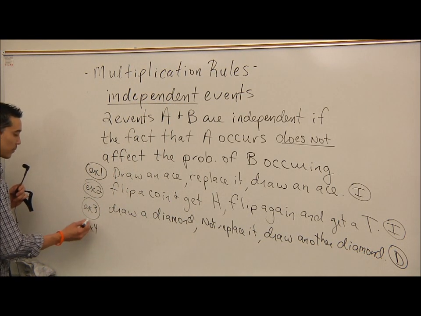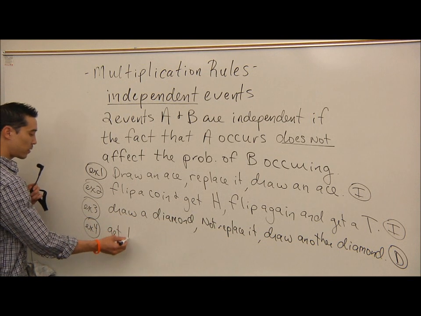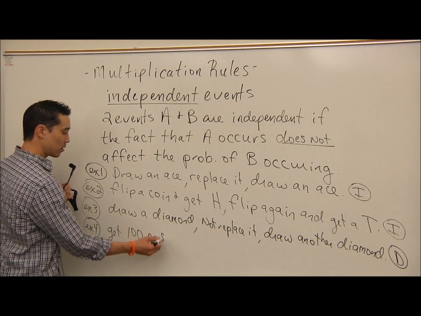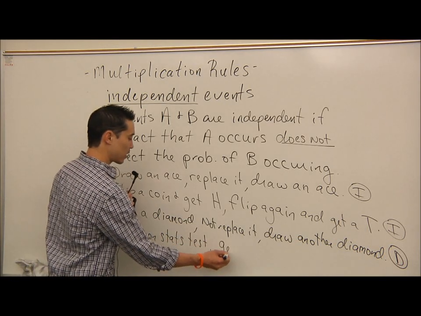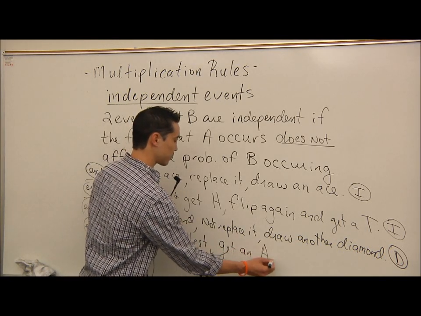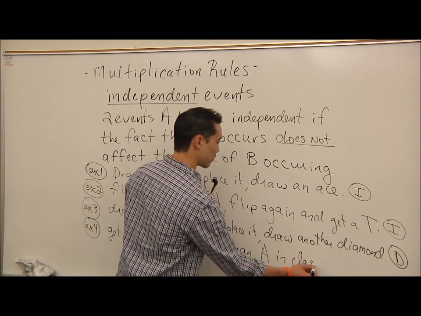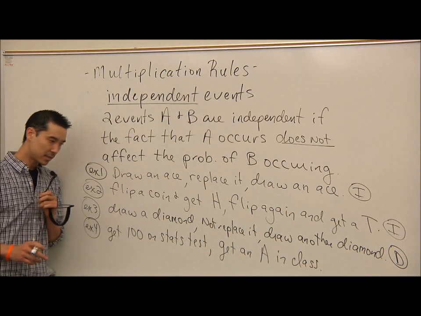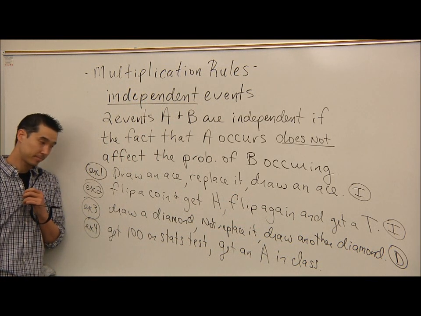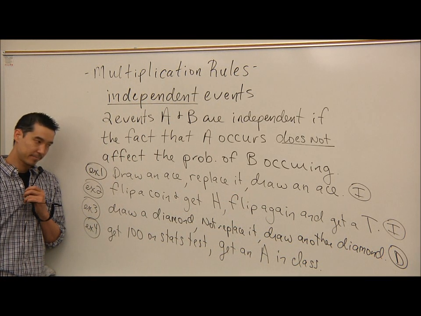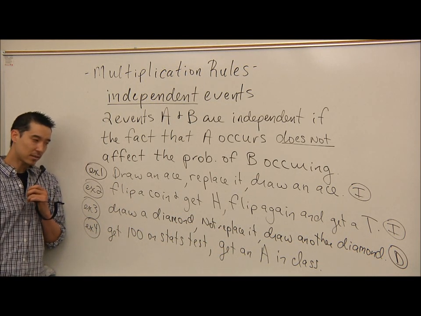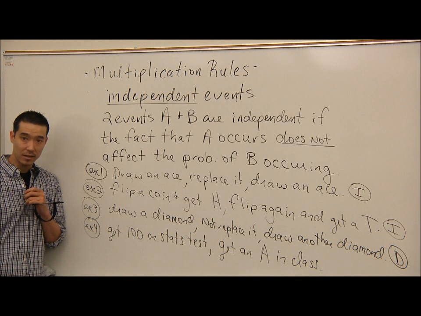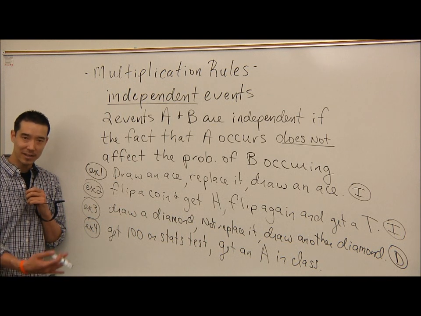And example 4. Get a 100 on your first stats test coming up. Get an A in the class. Are these events independent or dependent? Is the fact that you get 100 on your stats test going to affect the chance of you getting an A in the class? Yeah, it's definitely going to affect it, right? How do you get your average for your grade?